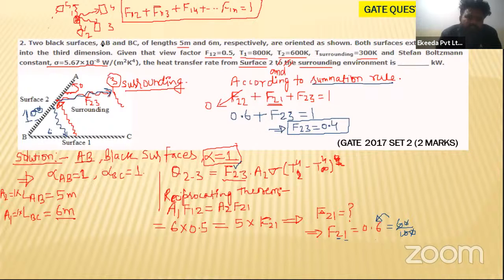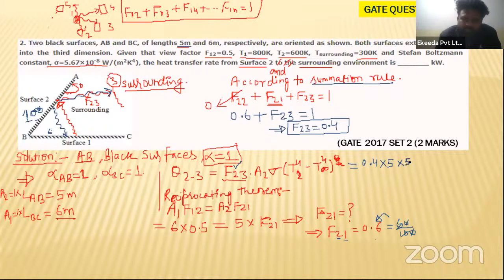It is nothing but surface AB, surface 2, having a 5 meter length, and one width I have taken in the third dimension. So Q will be equal to F23 multiplied by 0.4, multiplied by A2, which is 5, multiplied by sigma.